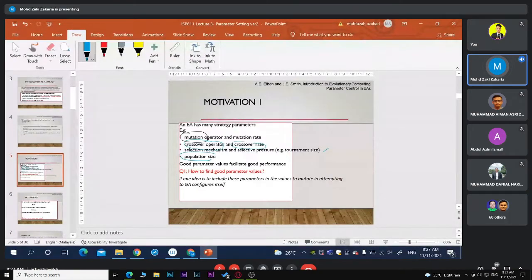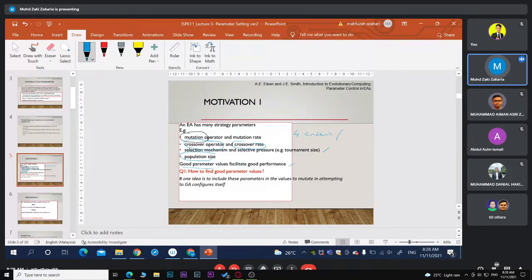Usually we should consider four items or four criteria to try and error the value of these parameters. And then good parameter values facilitate good performance of our system.